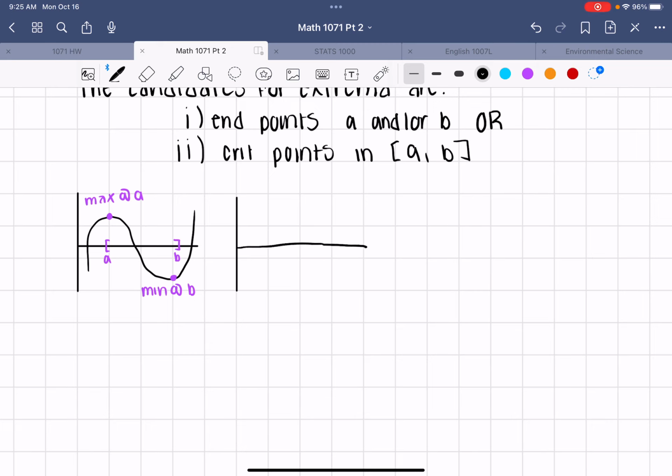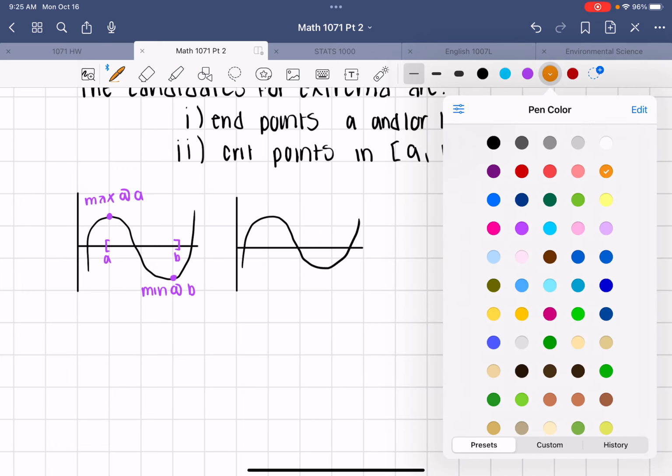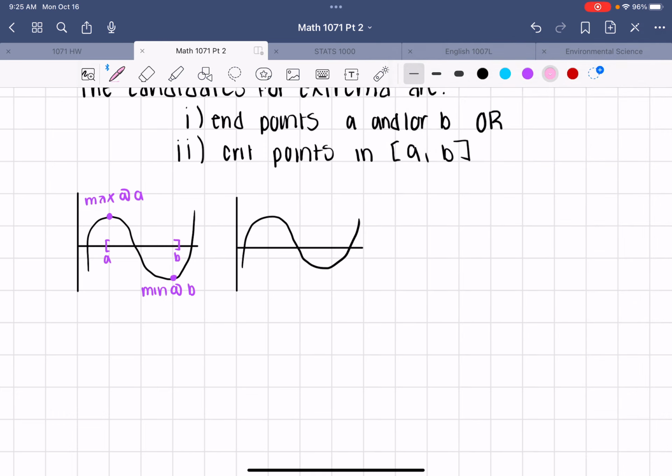In this case, you're looking at this much of the graph. And in this case, endpoint B is your max, because you see its y coordinate is much bigger than that. But this critical point is your minimum. So that's what I mean when you can have all combinations.